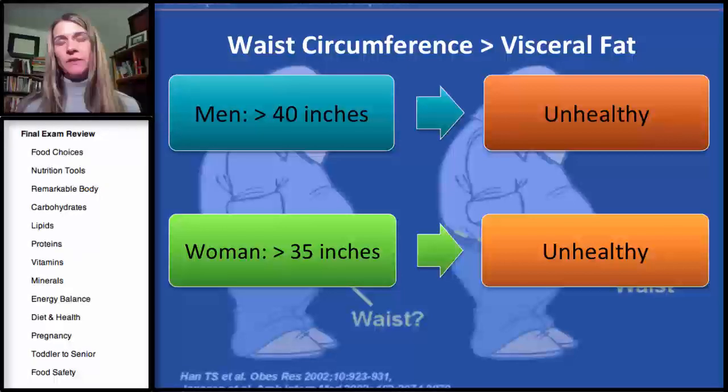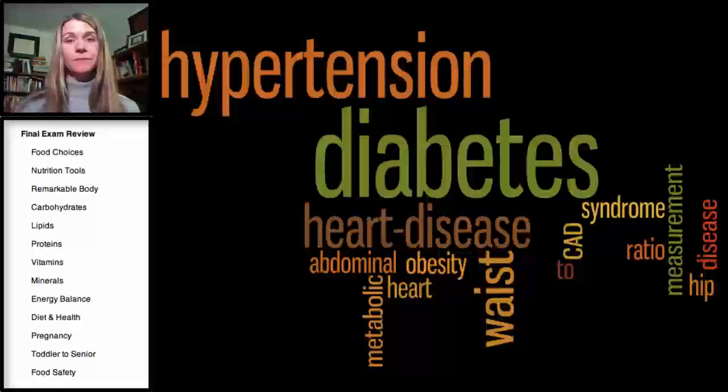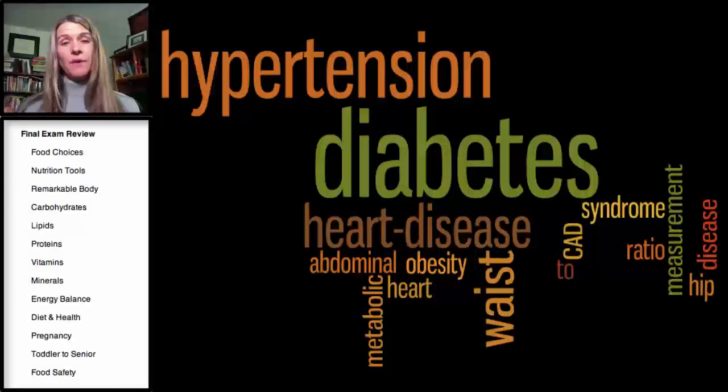It's a very mobile type of fat, so it's constantly being like a checking account, fat going in, fat going out, so it's circulating through the bloodstream. So this type of fat, the visceral fat, is associated with a higher risk of disease. And what diseases? The same ones we talked about before: hypertension, diabetes, heart disease, metabolic syndrome. So all of those chronic diseases, in particular those I just named, are associated with visceral fat or abdominal obesity.